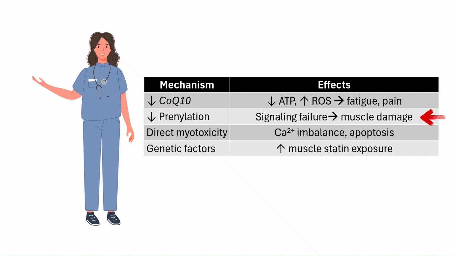There is also the possibility of direct muscle toxicity, where statins may cause mitochondrial damage and disturb calcium balance within muscle cells. And finally, bear in mind that genetic susceptibility plays a role. Certain individuals may be at higher risk of developing statin-associated muscle symptoms as they can accumulate higher levels of statins in their muscles, due to variation in drug transport or metabolism.